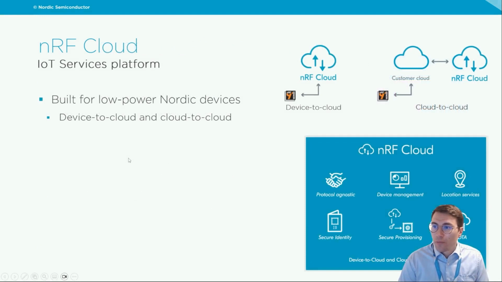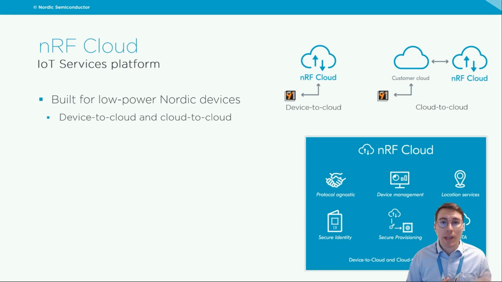And now let's talk about nRF Cloud. So nRF Cloud basically started off just as a prototype platform for our case, but it's been an evolution now to being a full IoT service platform. So we provide different services to benefit applications for our customers.